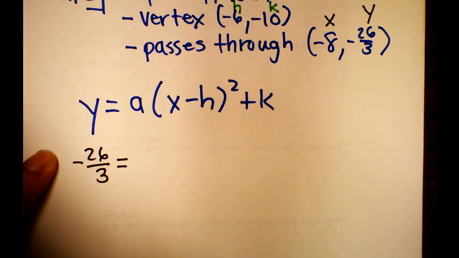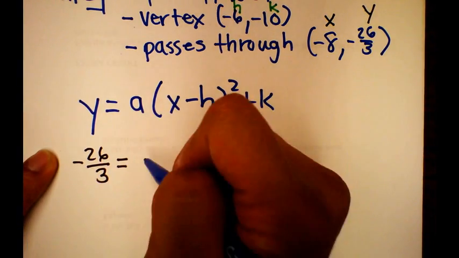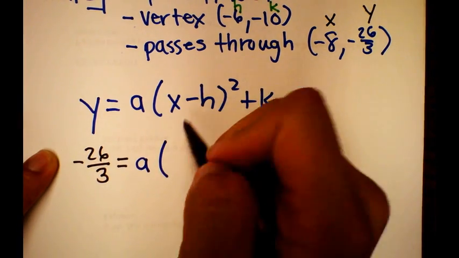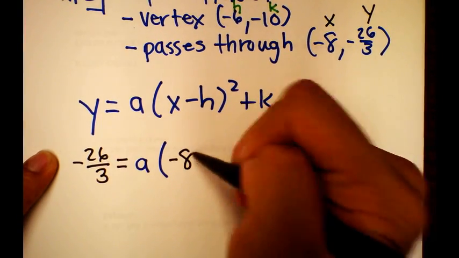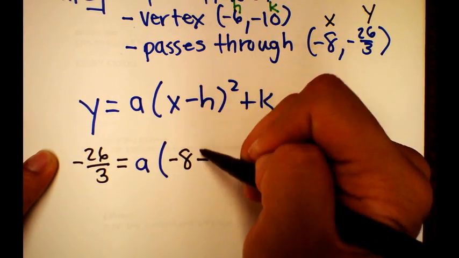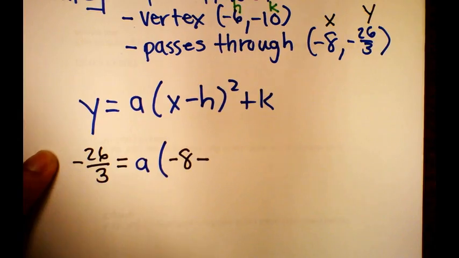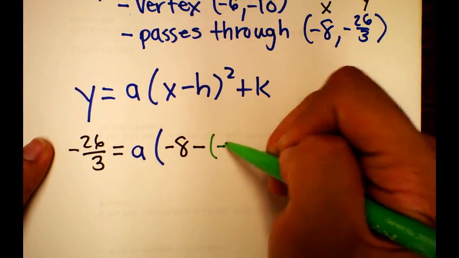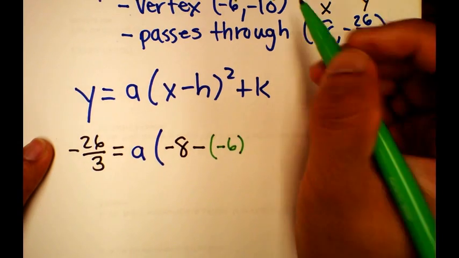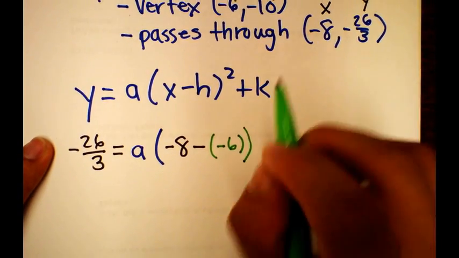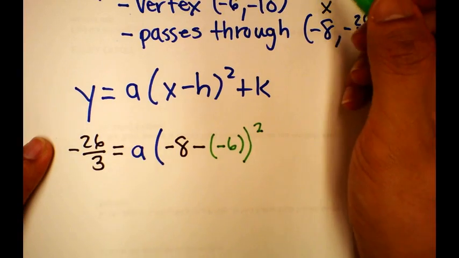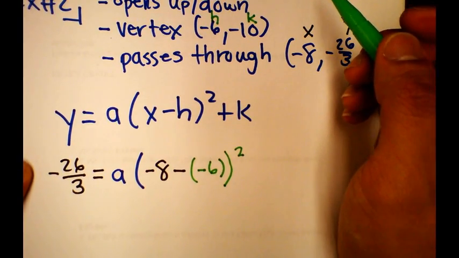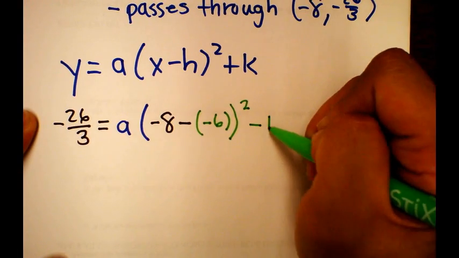Is equal to a, we don't have that, we're going to solve for that, parentheses, your x value that you labeled was -8, minus, remember we still got to put that minus sign because your h value is -6. Okay, so we've done something like this before. We still need to put that parentheses, -6, close that parentheses squared, and then your k value is -10, so we're going to put -10.